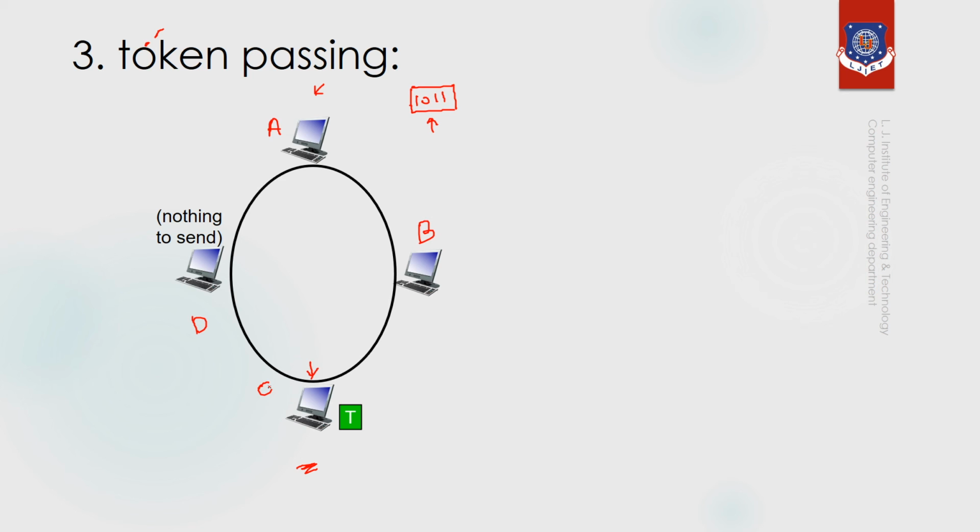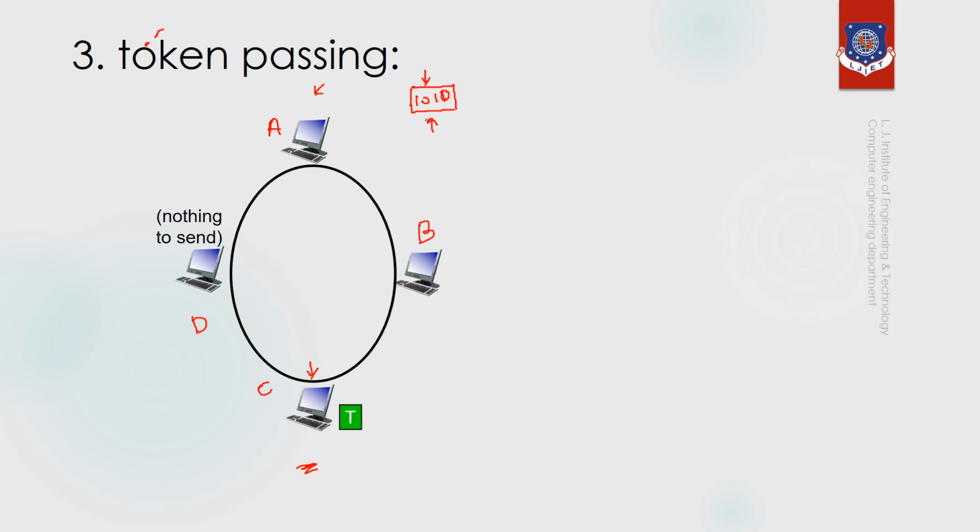But this method has a disadvantage. What happens if the value of the token is changed? Suppose that the value of the token we have taken is 1011. Now what happens if a single bit is changed due to noise in the medium?